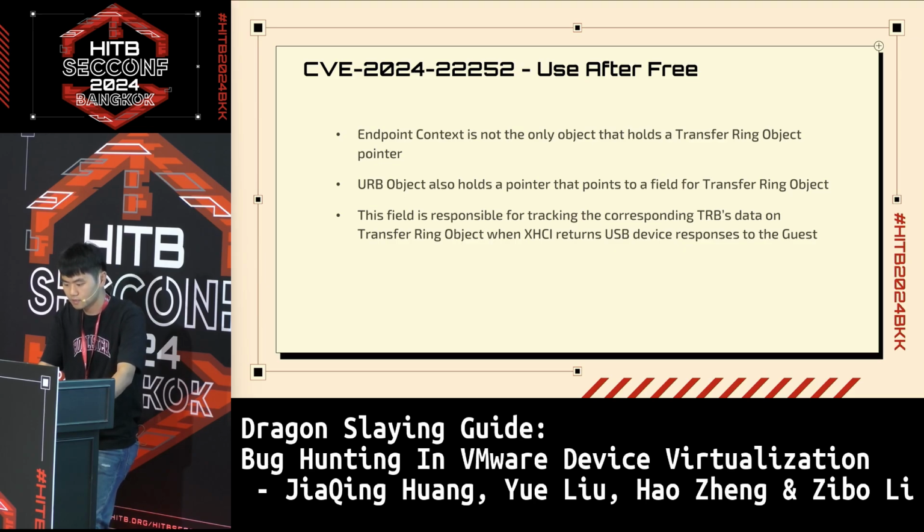It is because the transfer ring object pointer is not only held by the endpoint context. The URB object also holds a pointer that points to a field of the transfer ring object, and this field is responsible for tracking the corresponding transfer ring object when ESXi returns the USB device response to a guest.